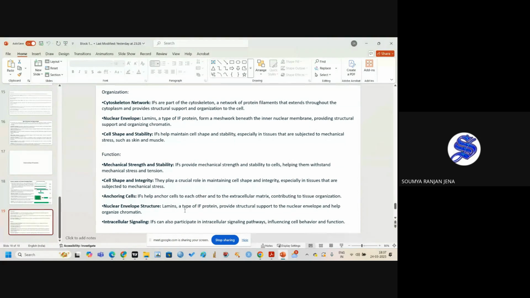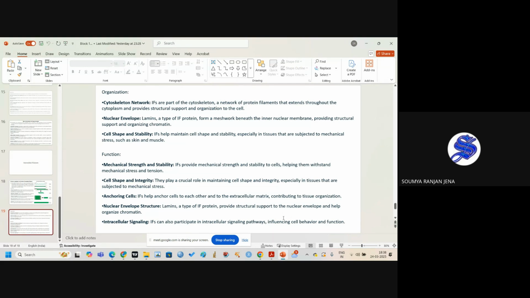Then if we go to intracellular signaling, intermediate filaments can also participate in intracellular signaling pathways, influencing cell behavior and function.